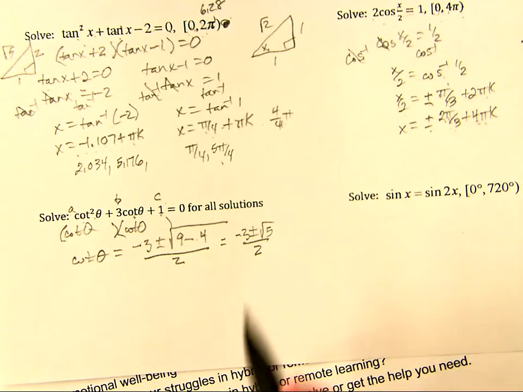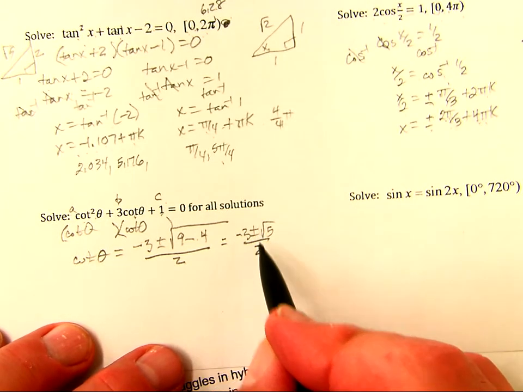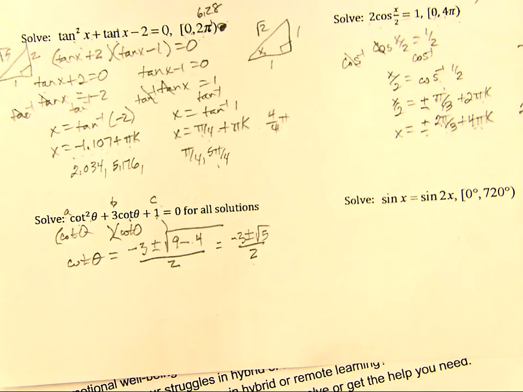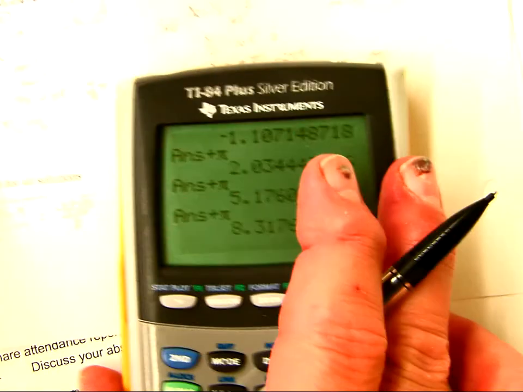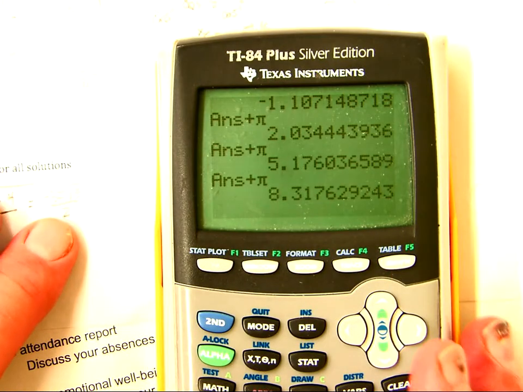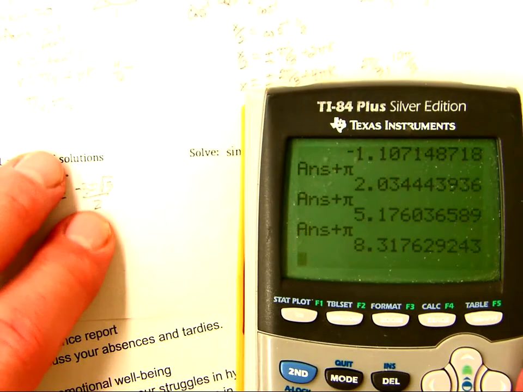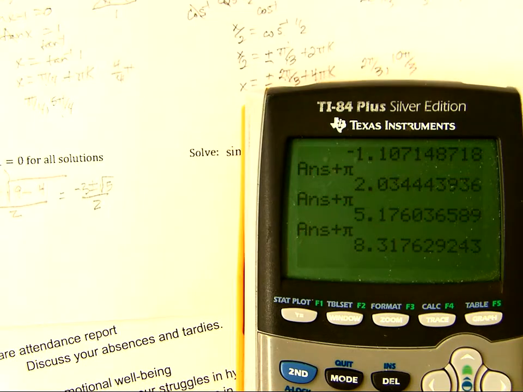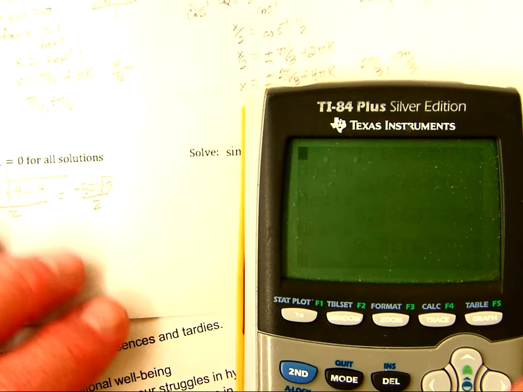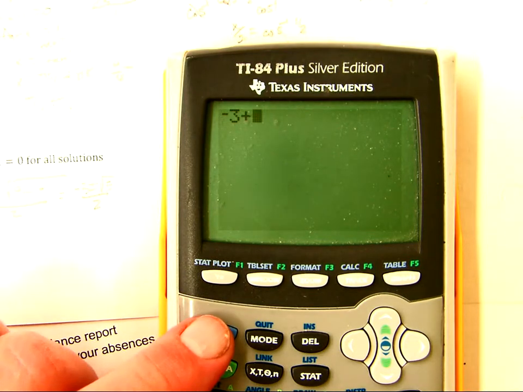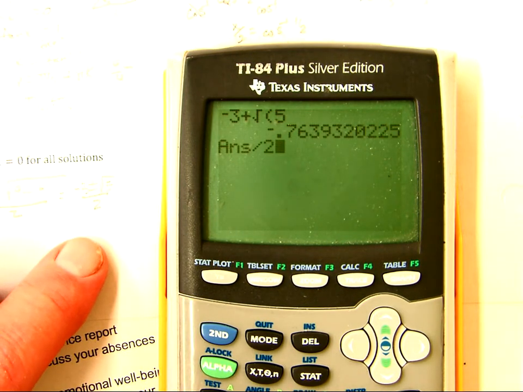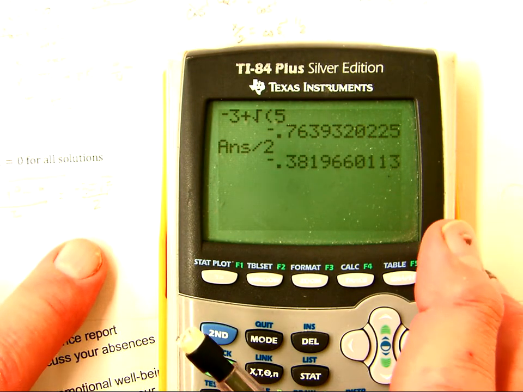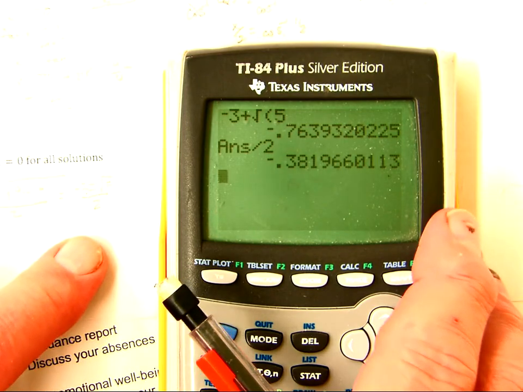Well, looking at that, we know cotangent's adjacent over opposite. There's no way that's one of our triangles. Let's use our calculator on this. So we have two answers, negative 3 plus radical 5 over 2, and negative 3 minus radical 5 over 2. If I take negative 3 plus the square root of 5 and divide it by 2, I get negative 0.381.